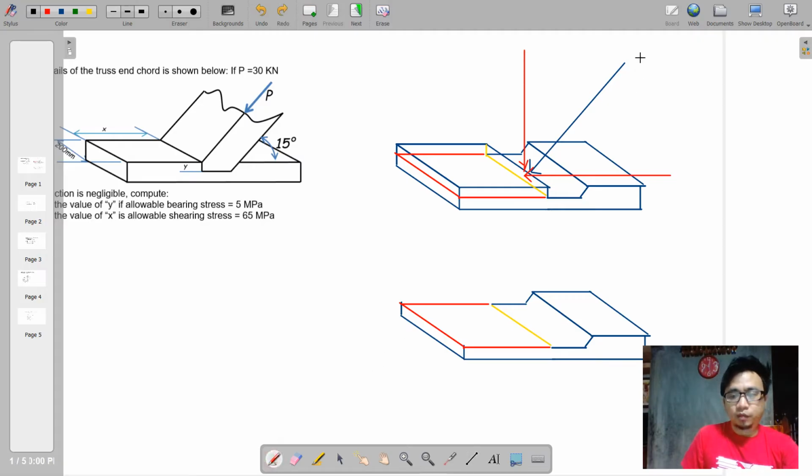Say we have here 30 kilonewton, inclined at 15 degrees with respect to the horizontal.